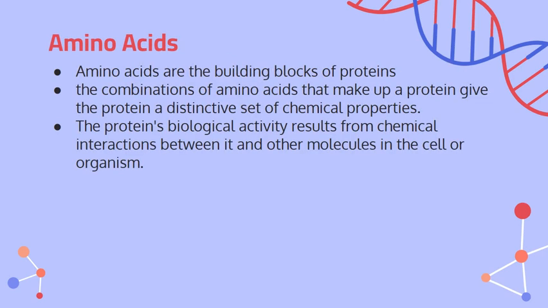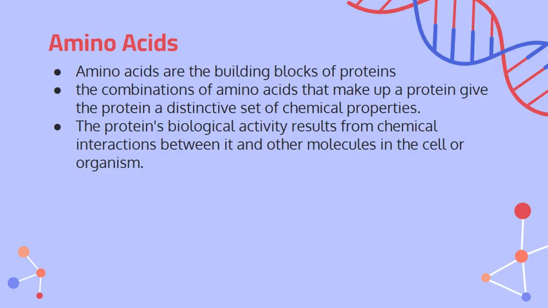So, amino acids are the building blocks of proteins. The combinations of amino acids that make up a protein give the protein a distinctive set of chemical properties. The protein's biological activity results from the chemical interactions it and other molecules make in the cell of an organism.